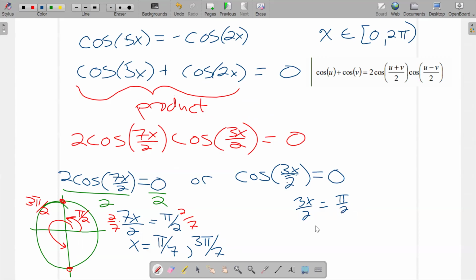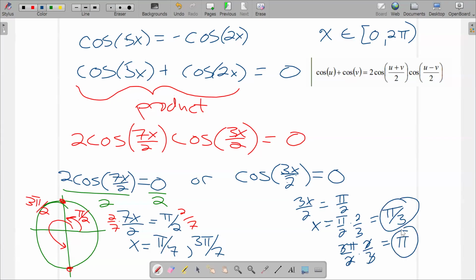So then x is going to be pi over 2 times 2 over 3, which is pi over 3. And the other one would be 3 pi over 2 times 2 over 3, and lots of stuff cancels there, leaving just a pi. So those should be my other two solutions.